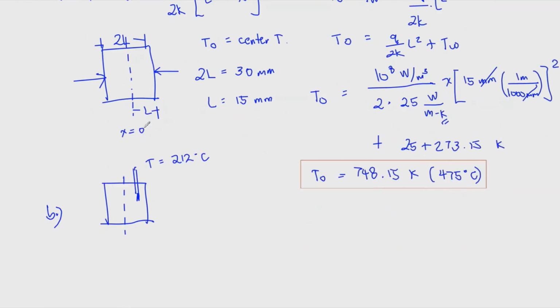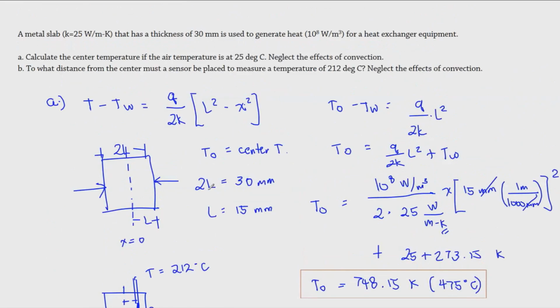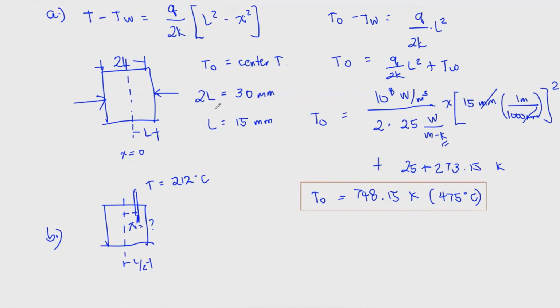Now, the question is, what will be this particular distance here? So what is that distance? Knowing this is L over 2, we can solve it by using the original formula that we have here.